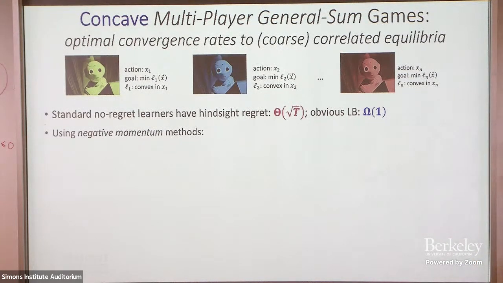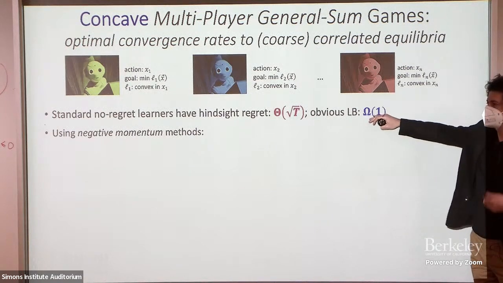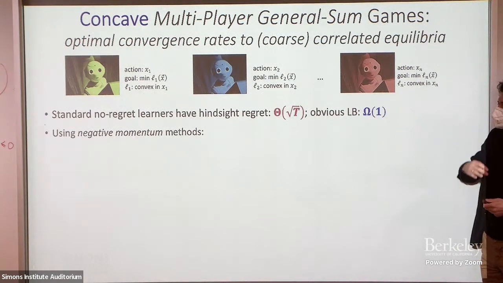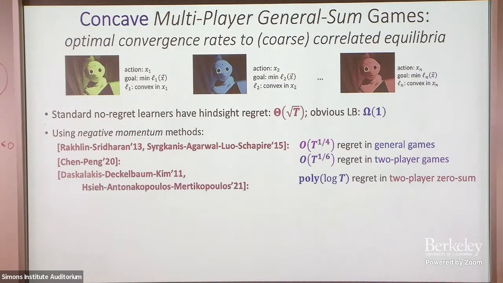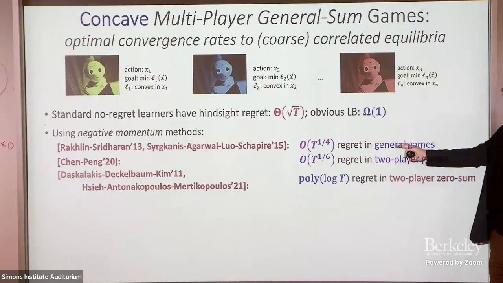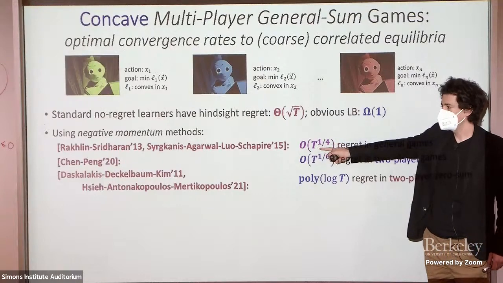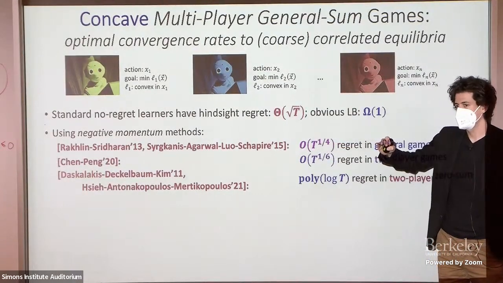Right? So as it turns out, these negative momentum methods that I was talking about in the beginning of this hour are very useful to get closer to the obvious lower bound on how much the regret should grow. There's a line of work, one celebrated paper by Vasilis and company, showing, for example, that in general games, if you use a negative momentum method, rather than √T regret, you can get it down to T to the quarter.